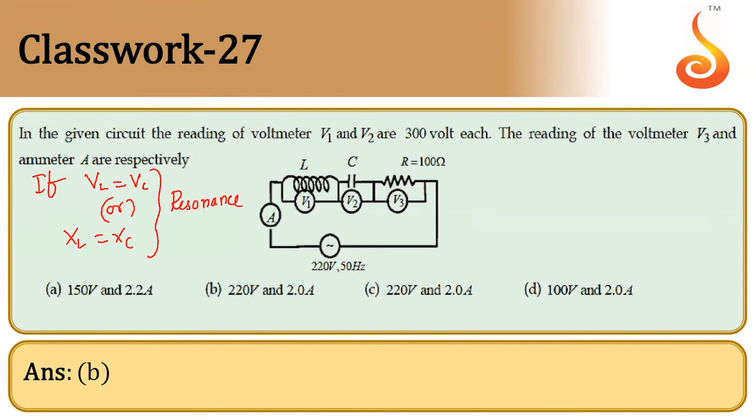In resonance, only the resistor will be effective. So current will be total EMF divided by total resistance. The resistance means only 100. So it is 2.2 ampere. Voltage across that will be R into I, which equals 220 volt. All the voltage will appear across the resistor only. Actually, this is correct, but 2.2 ampere is the current. Okay, children. Copy that.